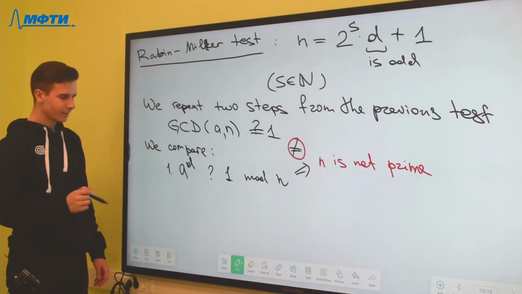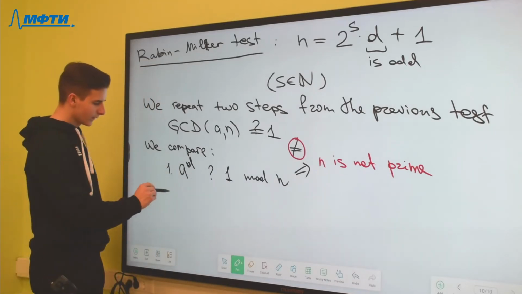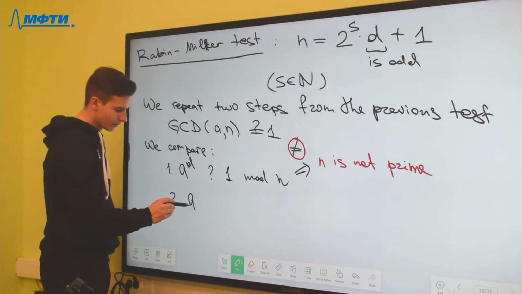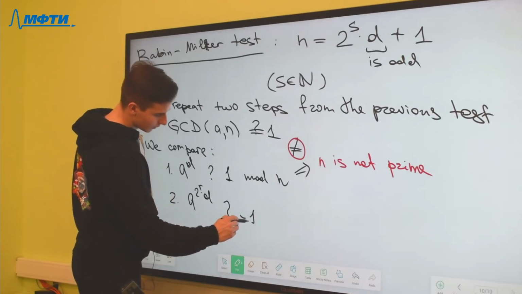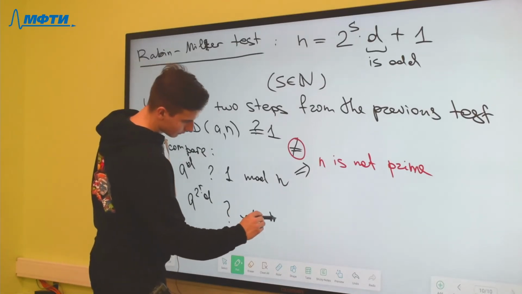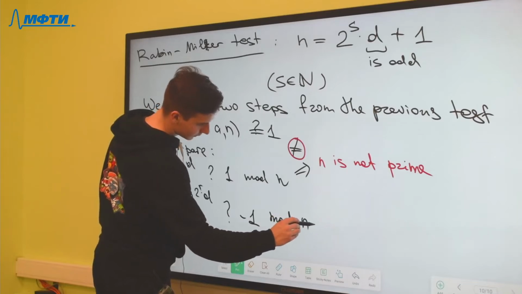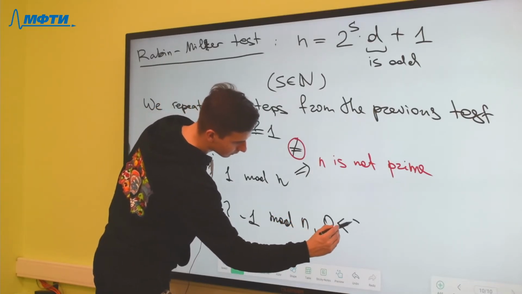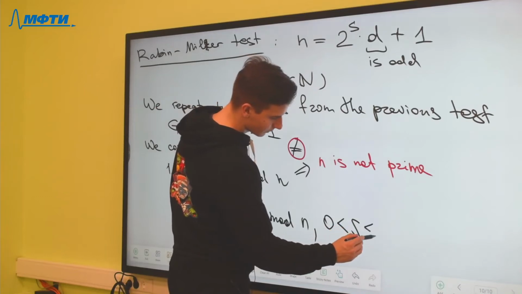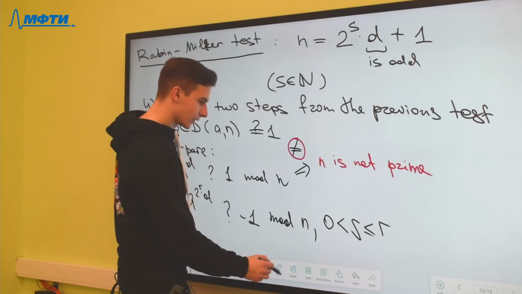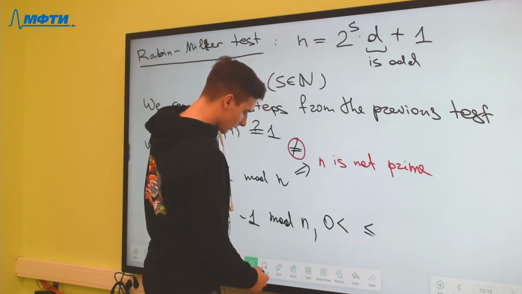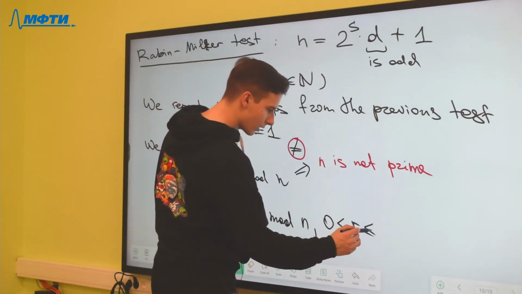If they are equal, then we compare A to the power 2 to the power r multiplied by d and minus 1 modulo n, where r will be between 0 and s.